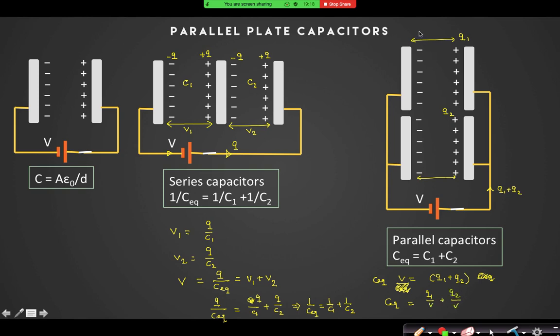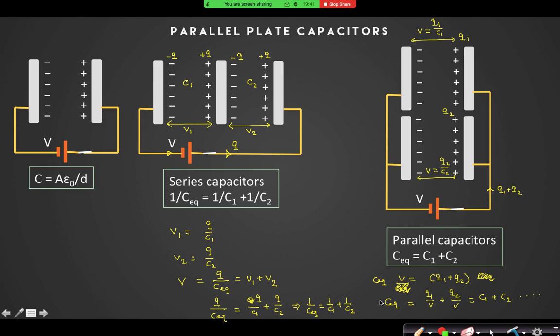Now can I say that V, the potential difference, is equal to Q1 by C1 and also equal to Q2 by C2? Yes or no? You can just put the value: Q1 by V is equal to C1 and Q2 by V is equal to C2.